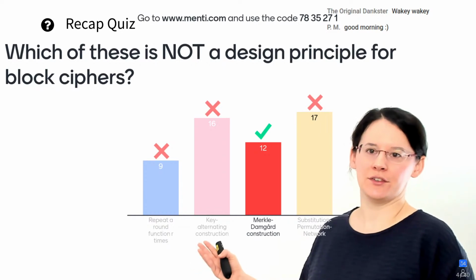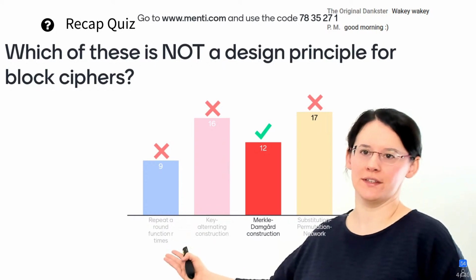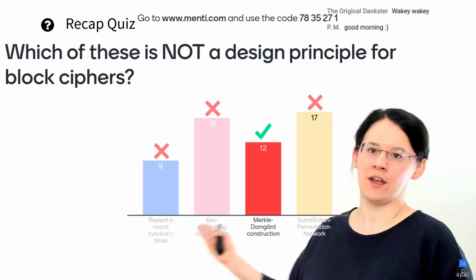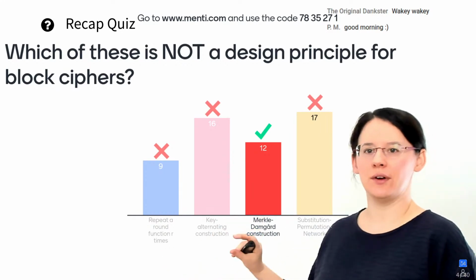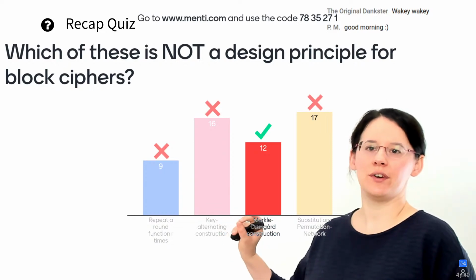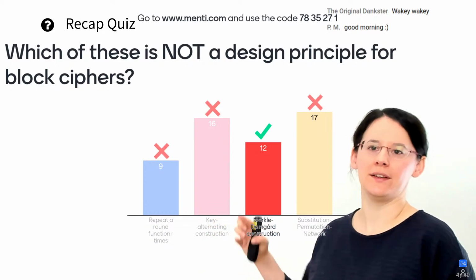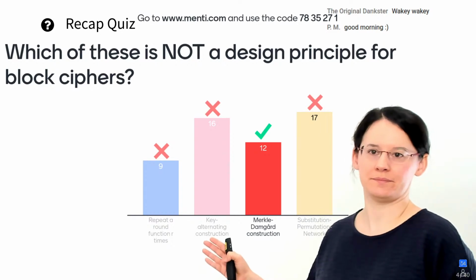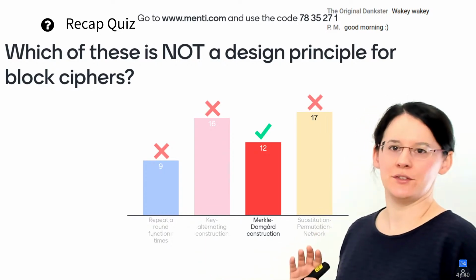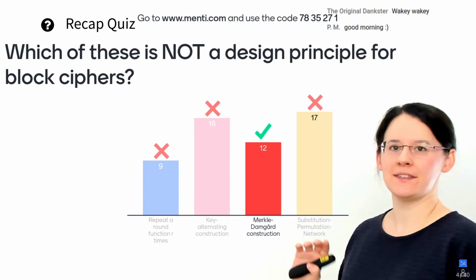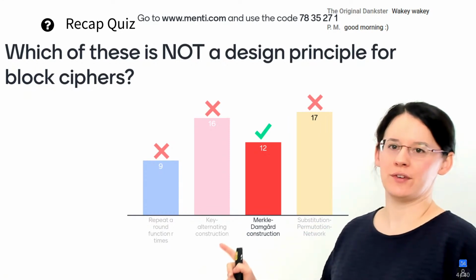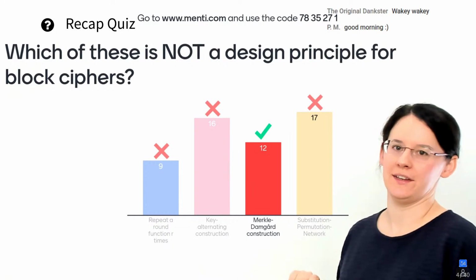The key alternating construction is a special case of this iterative construction. What this does is it builds each round by having an unkeyed round function and first XORing the round key and repeating this combined construction. And finally, the substitution permutation network is a construction approach how to build the things inside the round function for key alternating constructions.